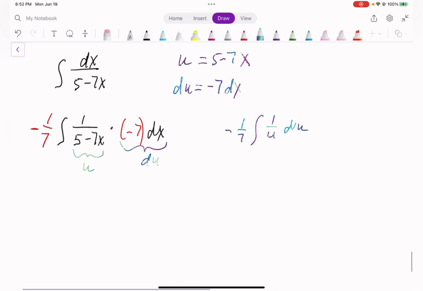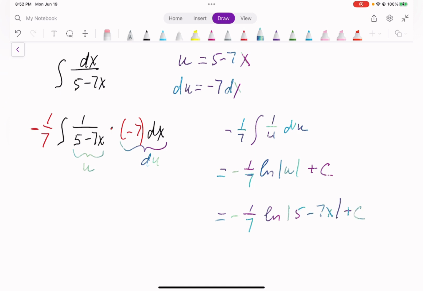All right, so from here the answer is going to be negative 1 over 7 natural logarithm of u and plus c. So this is going to be equal to negative 1 over 7 natural logarithm of 5 minus 7x and plus c.